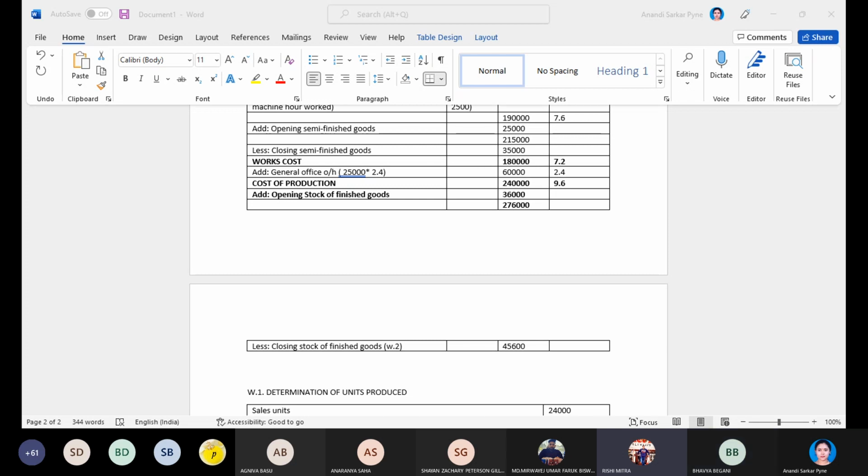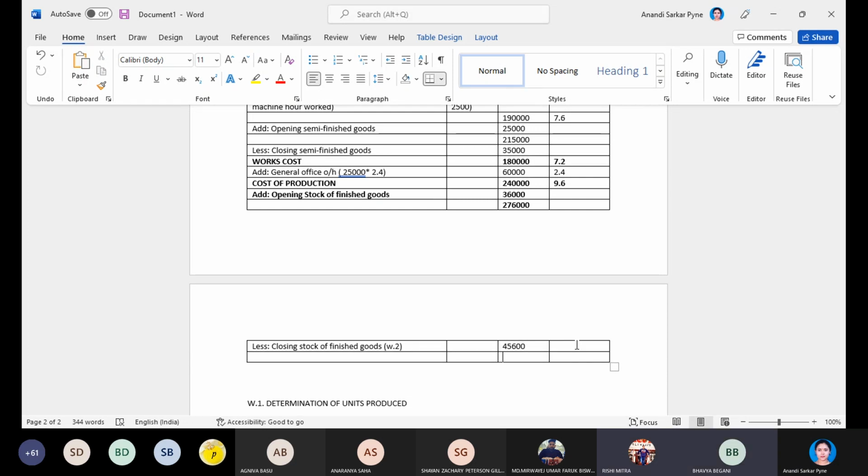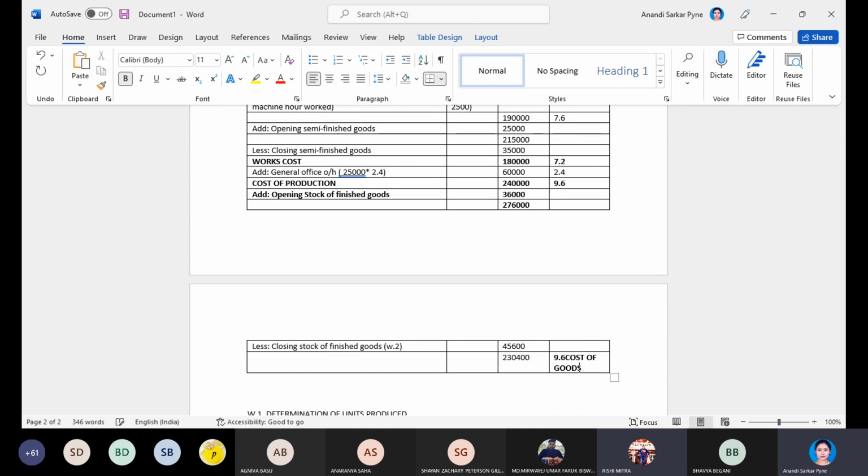Now the cost is 9.6 per unit. This is the cost of goods sold.